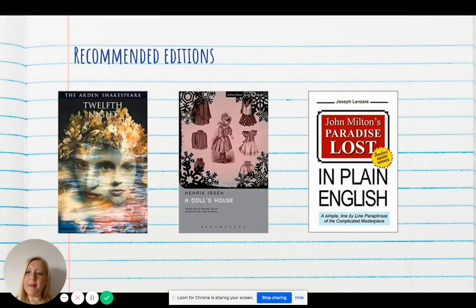In terms of recommended editions, we don't specify too much. Probably the most important one is this Arden edition of Twelfth Night, because it's got very good detailed notes. You know, we're stepping up from Cambridge Schools editions here. One of the things that we're looking at with Twelfth Night is the detailed use of language.